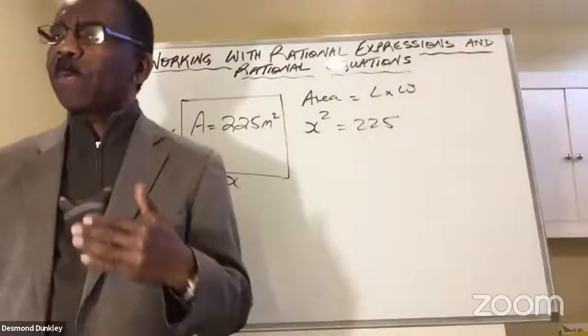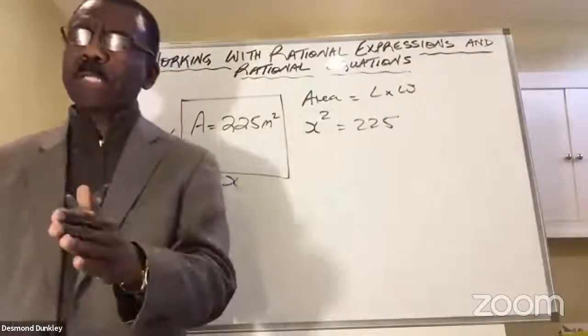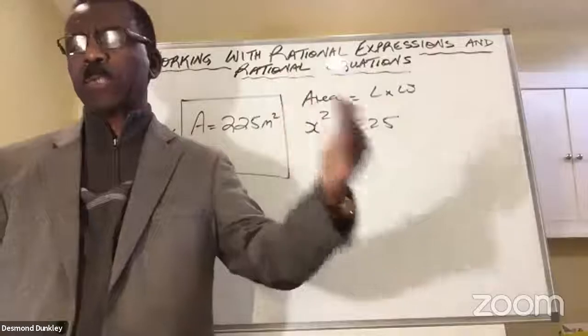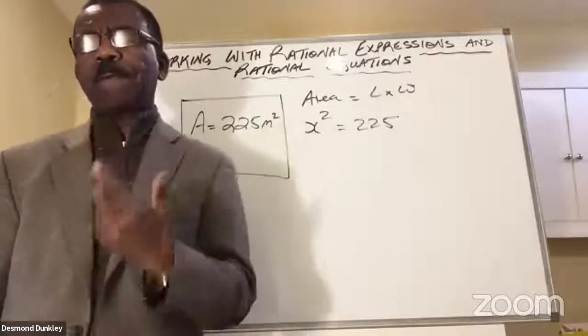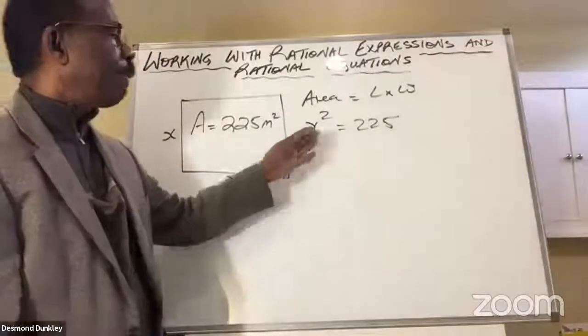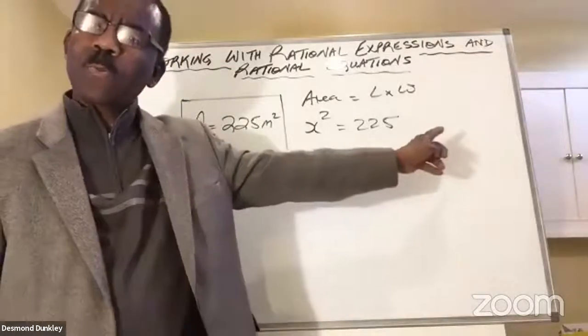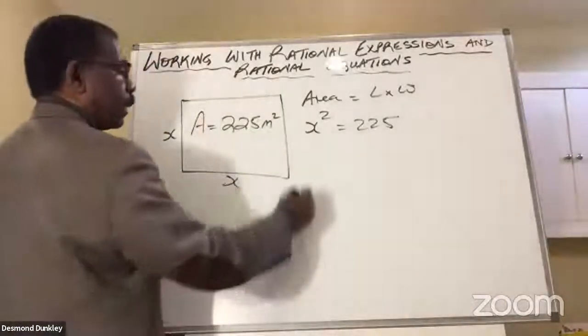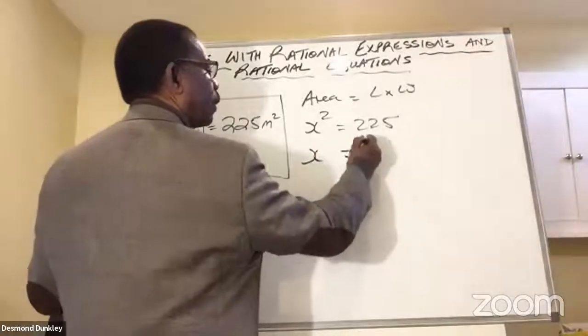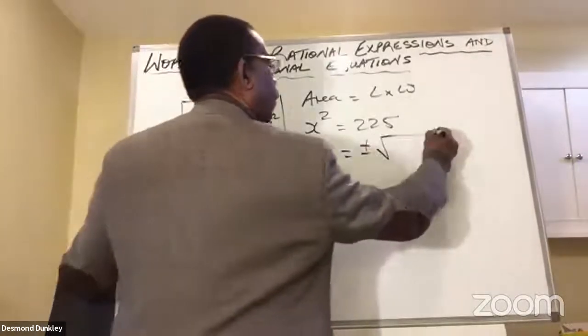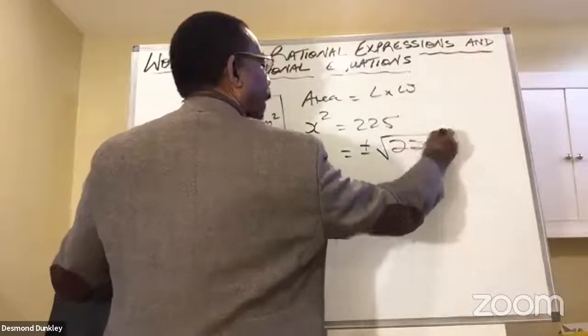And mathematically, we say that the degree of your equation tells you how many solutions. So you ask yourself this question: what value of x, when you square it, you get 225? The answer is x has to be equal to plus or minus the square root of 225.